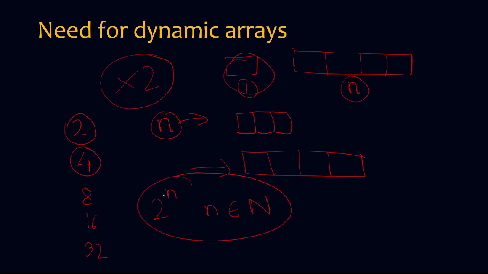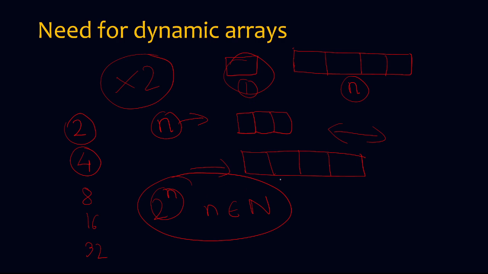You create compartments whenever your list has a length of 2 to the power n. This delays the compartment creation process so that you won't have to do this again and again because you already have the number of compartments created beforehand.